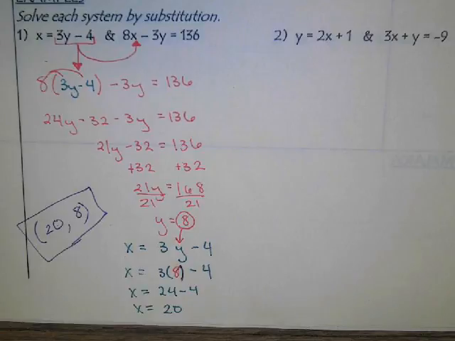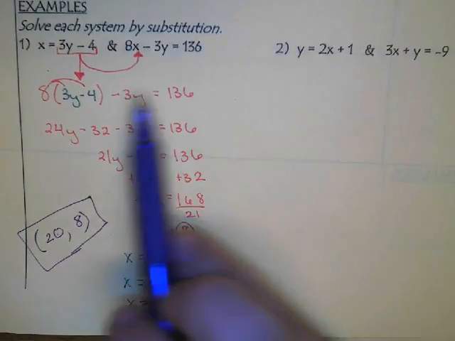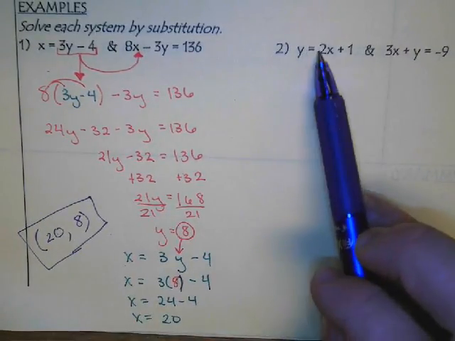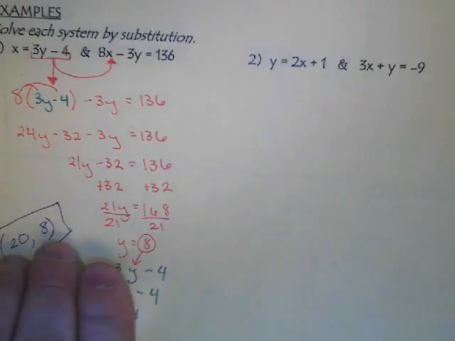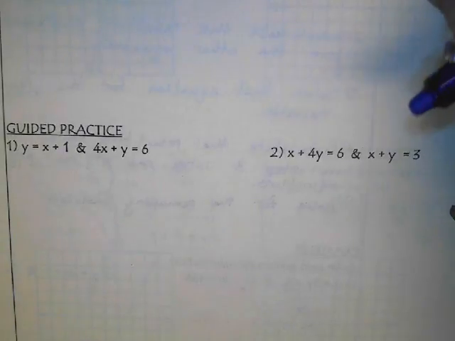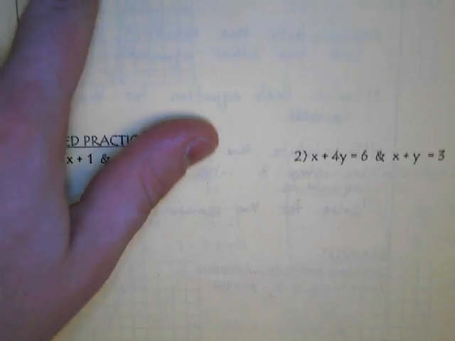Okay, so I want to move this along, so I'm going to flip to the back and show some other kind of examples. Number 2 is very similar to number 1. We already have y equals, so we would replace this whole idea with that y and then simplify. So let's flip to the back. And on these, we'll do one of these where we actually have to solve for one of the variables to see exactly how this works.